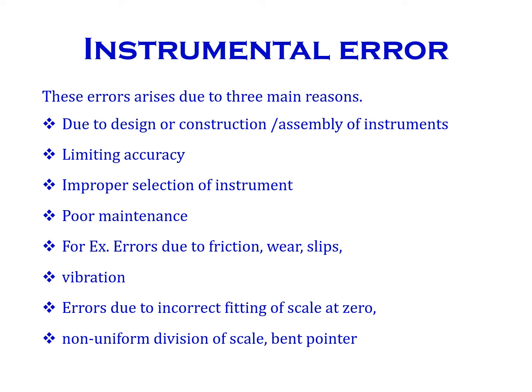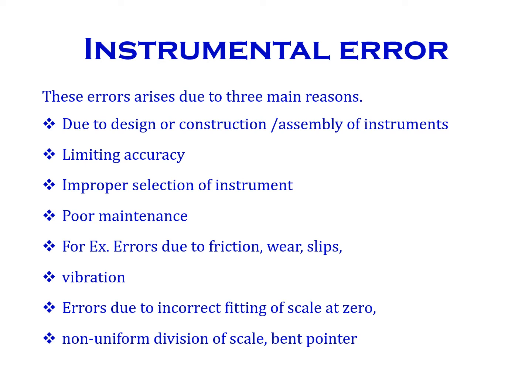That is improper selection of instrument, and poor maintenance. If you are using slip gauges and other things, we have to maintain them properly. Friction, wear, slips, etc. Vibration while measuring or while machining. Incorrect fitting of scale, non-uniform division of scale, bent pointers.